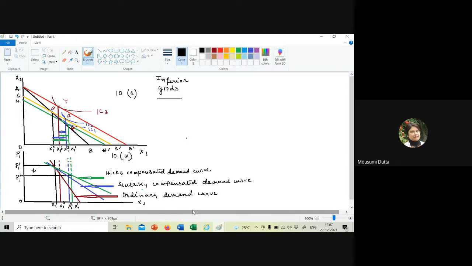So x2 is not inferior to me, only x1 is inferior. It is now cheaper and I am substituting some x2 by x1, however not as much as I would if the concerned commodity were a normal one. So this is the idea.